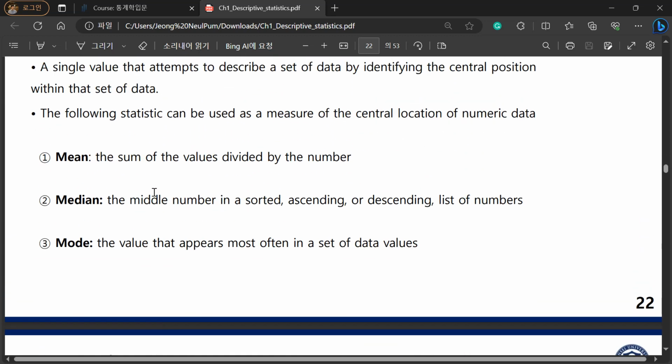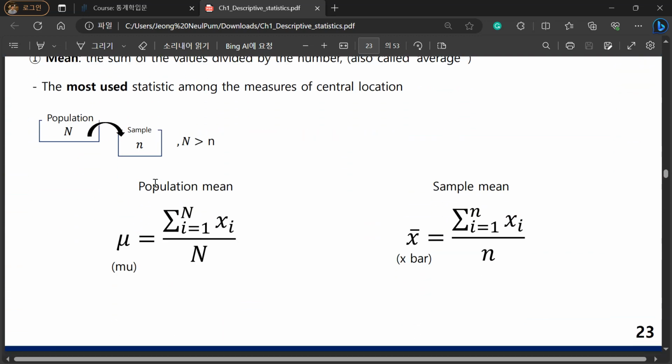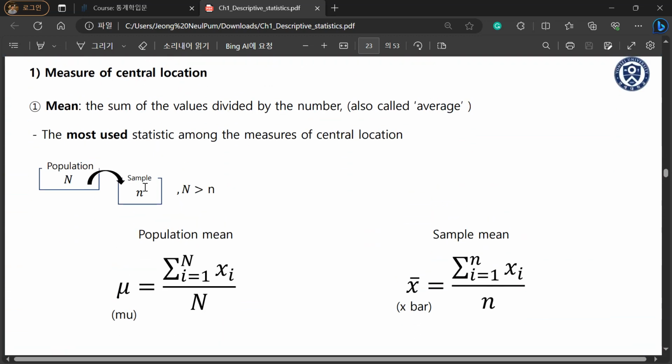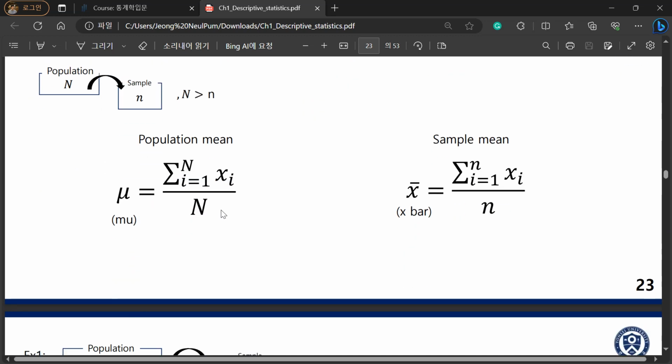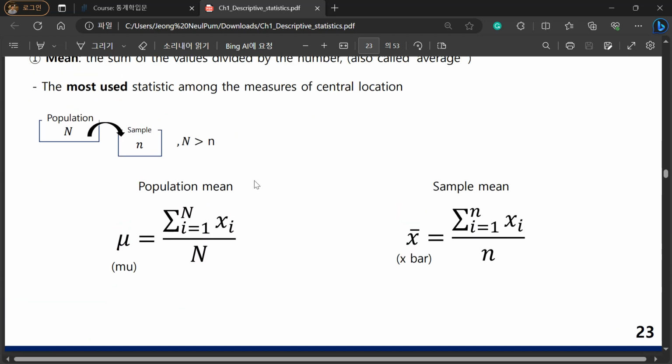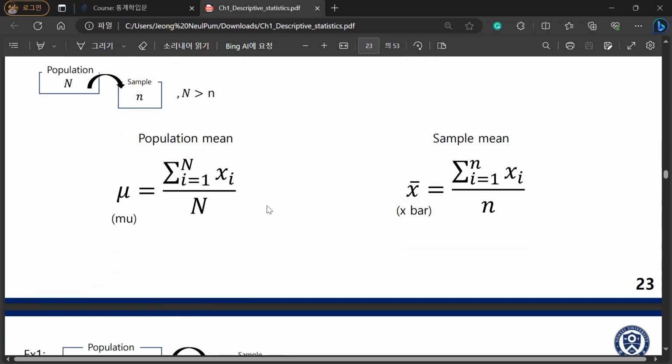As you already know and have learned about this notion, what you have to do is just follow the steps, realizing the mathematical formula for mean, median, or mode. This is the formula for population or sample mean, which is the same for each other.